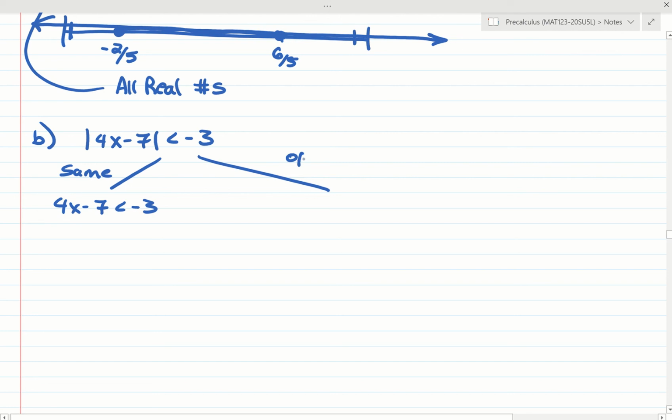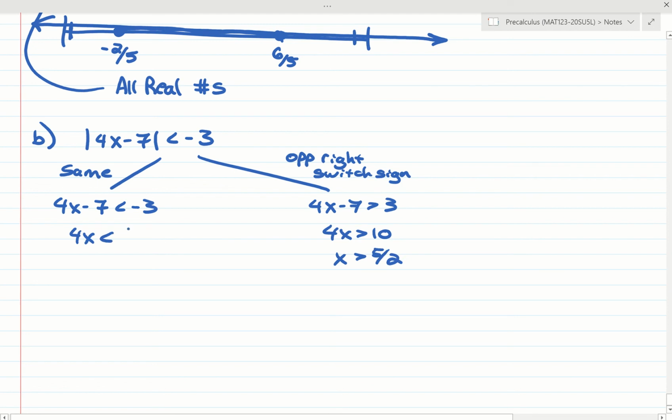And here we'll take the opposite of the right side, and then we'll switch the sign. So this would be 4x is greater than 10, x would be greater than 5/2, and here we have 4x is less than 4, x would be less than 1.